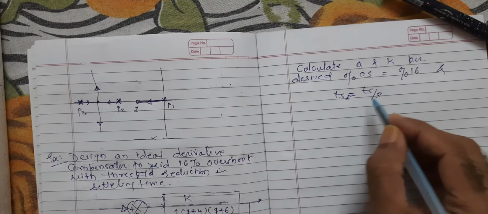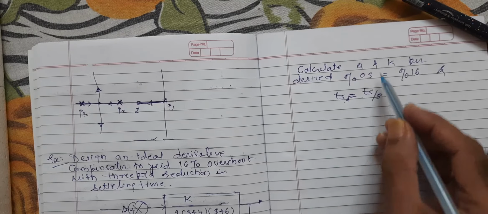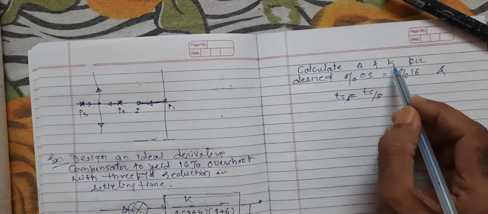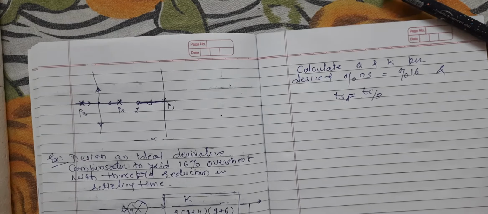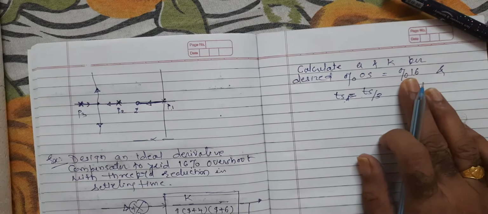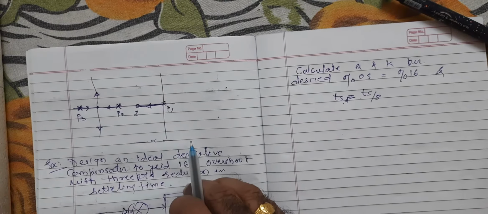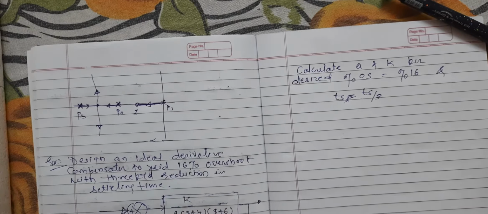For 16% overshoot and 1/3 of my total settling time, I have to find the value of a and k. So we are designing the PD controller so that my system gives 16% overshoot and 1/3 of my uncompensated settling time. Whatever the settling time of this system without the PD controller, when we apply the PD controller my settling time will be 1/3 of that, and my overshoot for this compensated system will be 16%.